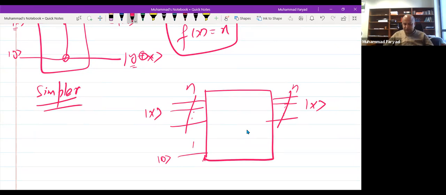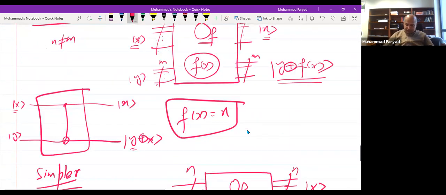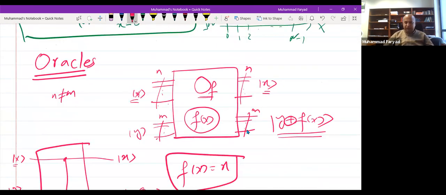If you tie it to 0, then whatever this O_f is, this output is just f of x, because 0 plus f of x is just f of x. So using this general oracle, if you set y to 0, 0 plus f of x is just f of x. So we can get this function f of x right at the output using this oracle.